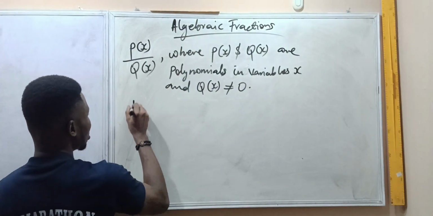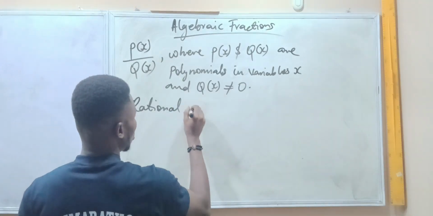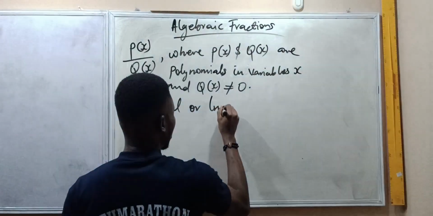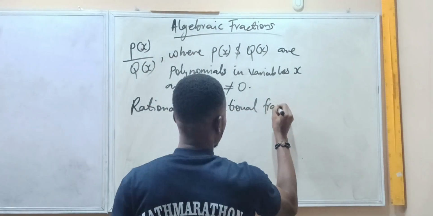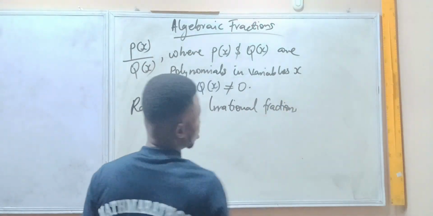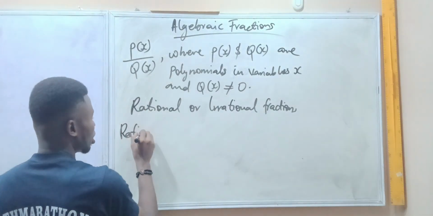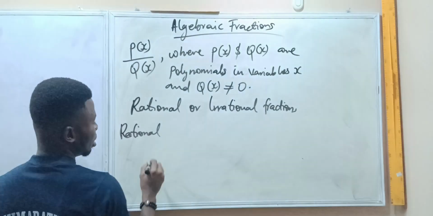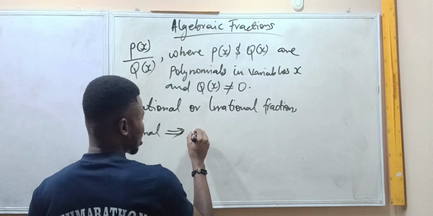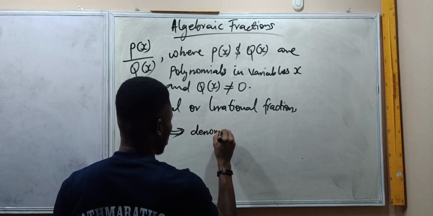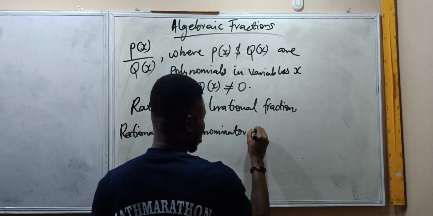Algebraic fractions could be rational or irrational fractions. Now, when it is a rational fraction, it implies that the denominator is not equal to 0.